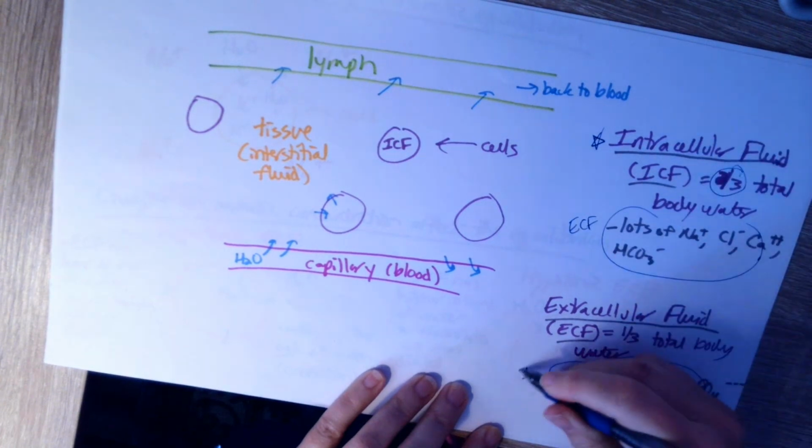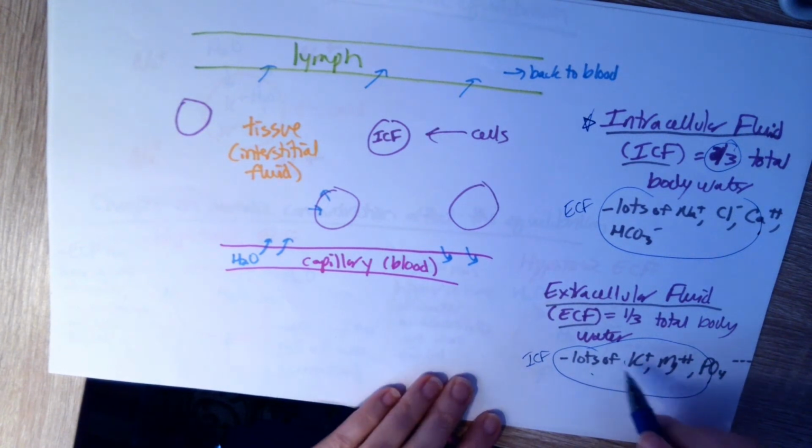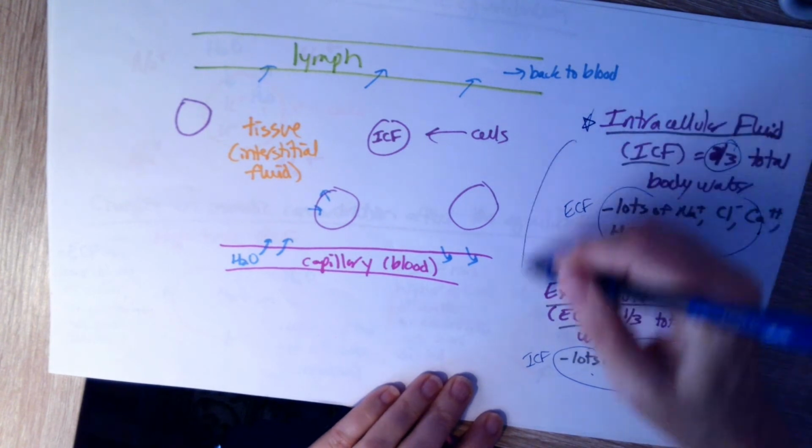This is the intracellular fluid. So in the intracellular fluid, you have a lot of potassium. You know that from neurons. Inside the neurons, you would have a lot of potassium. So that's true for all cells. You'll have more magnesium inside the cell than outside the cell, and you'll have more phosphate inside the cell than outside the cell. So this goes down here.